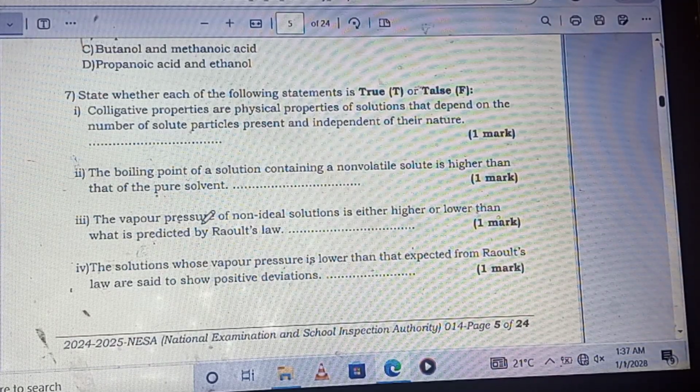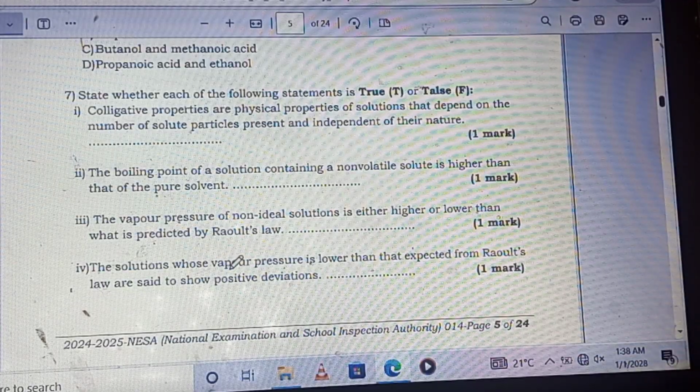I3, the vapor pressure of an ideal solution is either higher or lower than what is predicted by Raoult's law. According to Raoult's law, this statement is true.